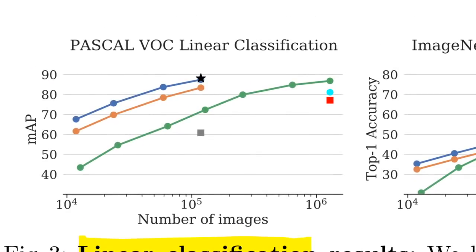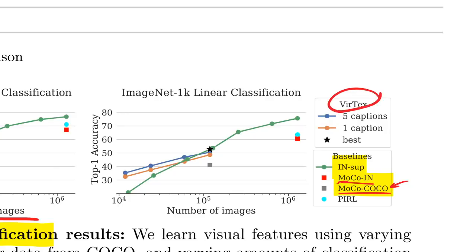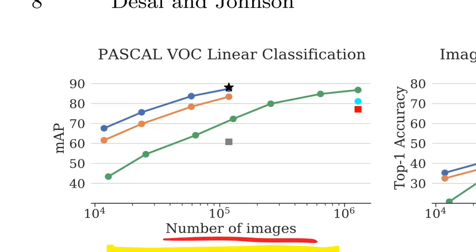Right here, you can see on the x-axis the number of images that the pre-training method trains on. Of course, some of these are going to be capped, because for some datasets there are just no more images available. The ones training on COCO and the ones training on ImageNet are going to be capped here. And you can already see that VirTex outperforms the ImageNet supervised baseline by pretty much when you only give it this many images.